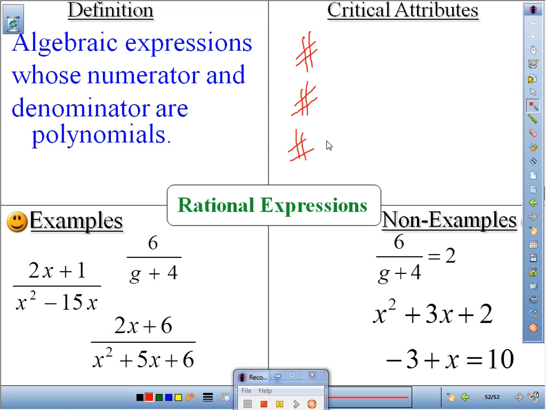Let's see. Rational expressions, what are they? Hashtag what? Tell your neighbor, please. Hashtag what? Kenzie, go. Algebraic expressions. Pass someone.